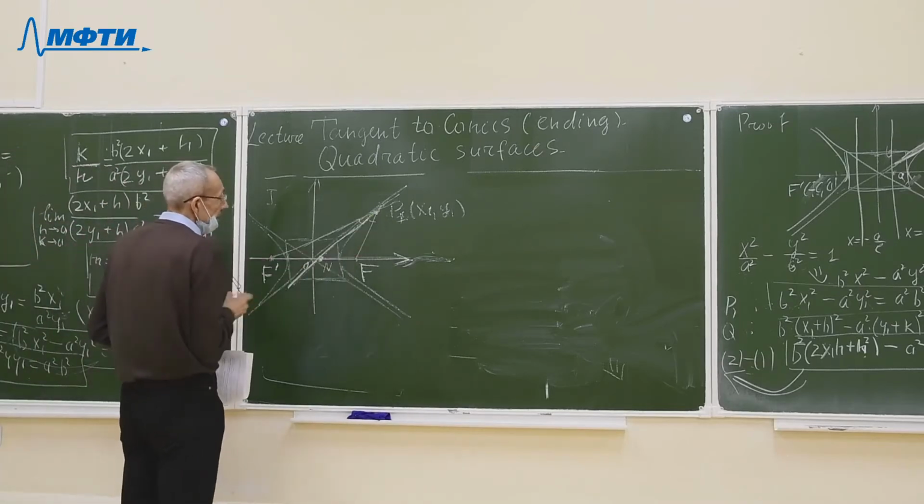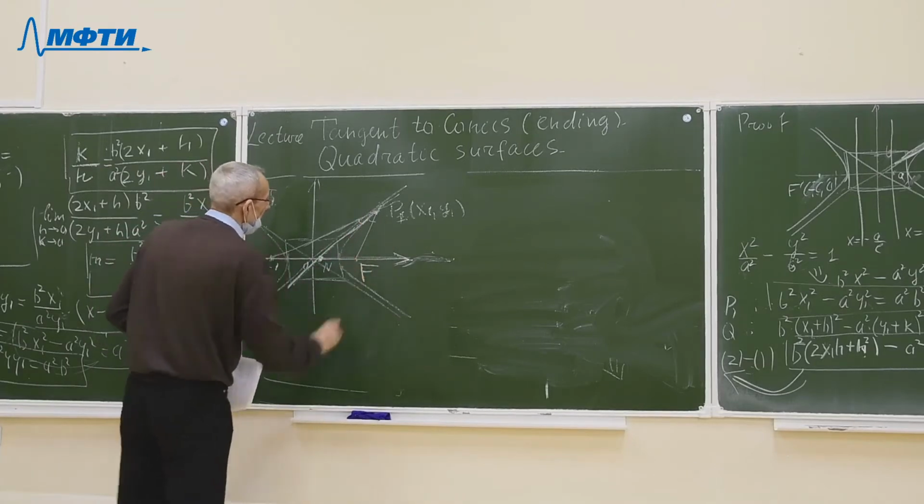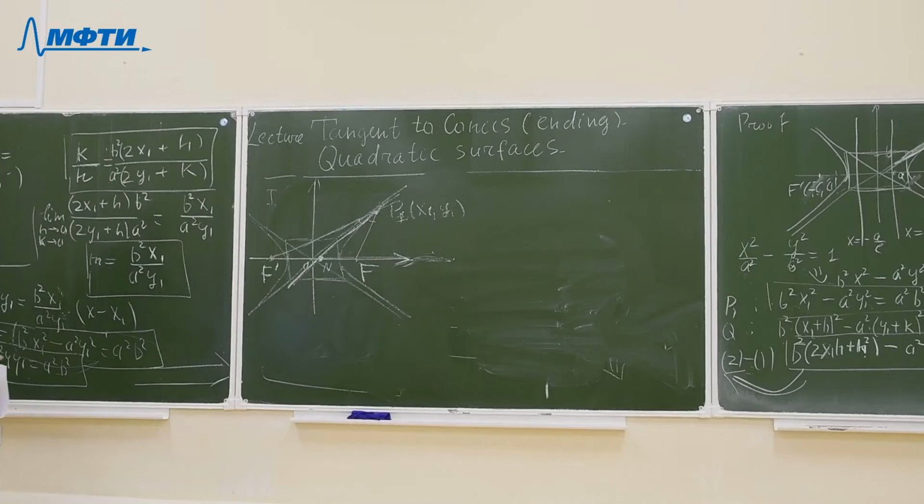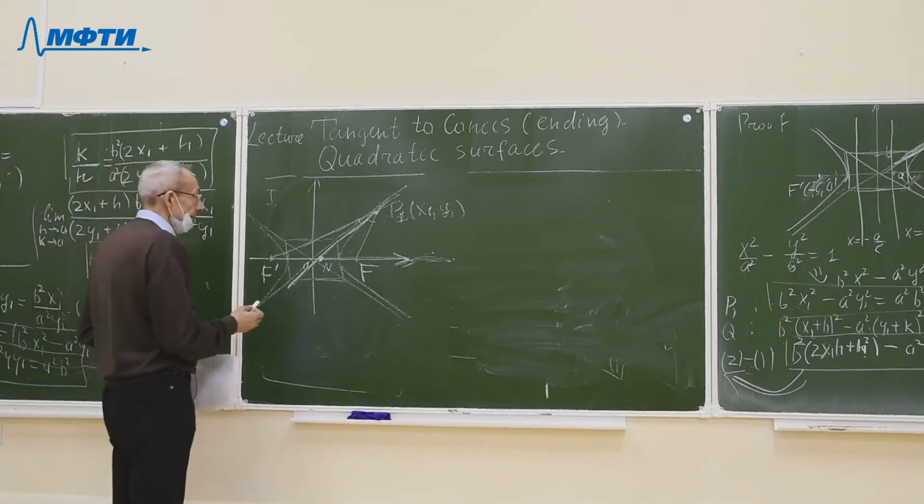The tangent straight line bisects the angle F prime P1F, bisects this angle.